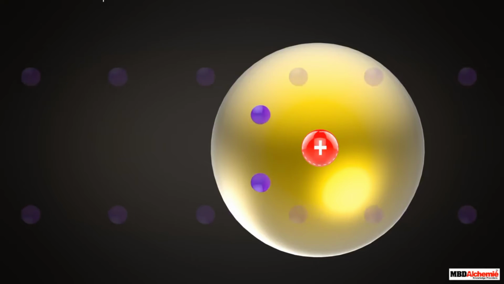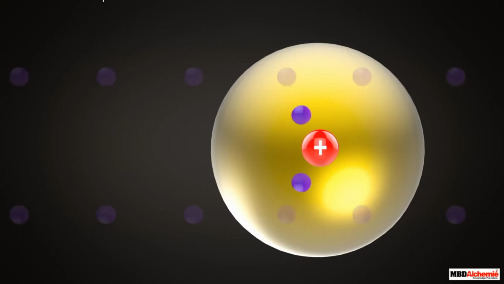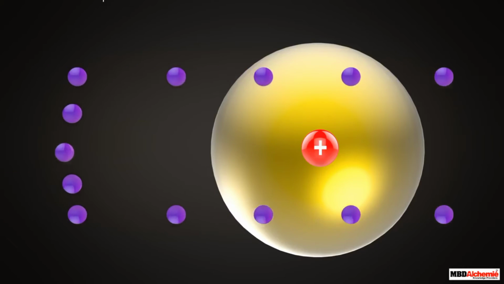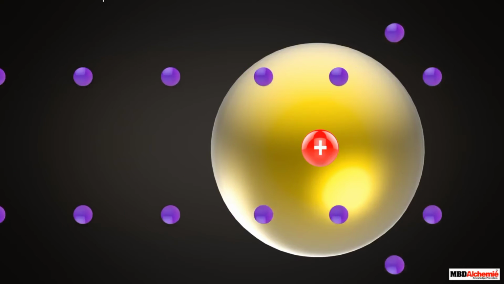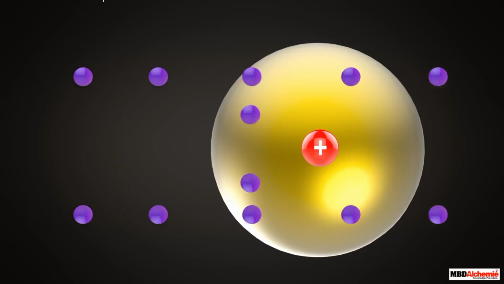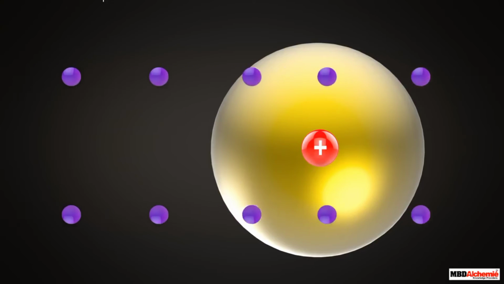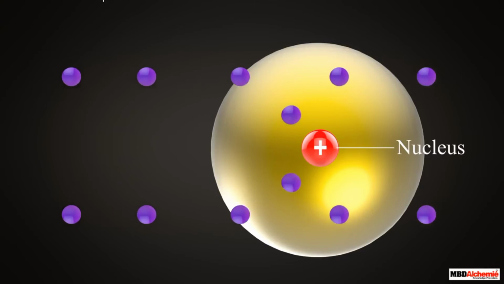As these particles were few in number, this led to the conclusion that a positively charged center occupies a tiny space. The few particles that rebounded back indicate that all the positive charge of the atom was concentrated in a very small volume in the center. Rutherford named this positive center of the atom as a nucleus.